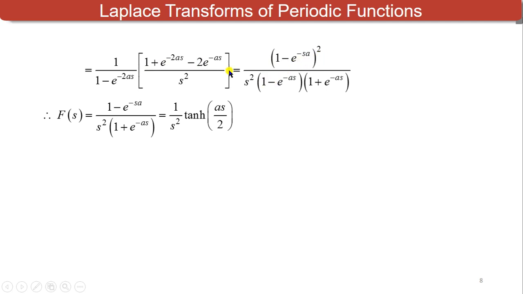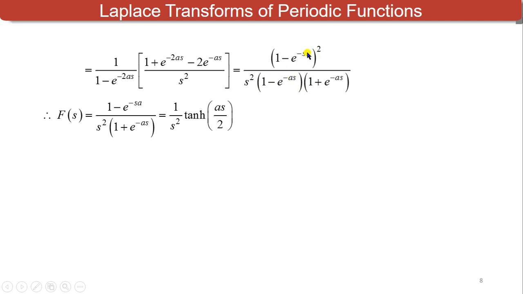In the denominator, we have 1 square minus e power minus as whole square. These are of the form a square minus b square. We can write a minus b into a plus b, right? So in the numerator we have a minus b whole square, in the denominator we have a minus b into a plus b.